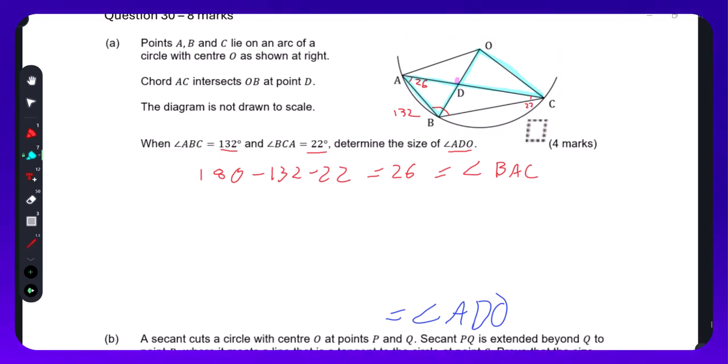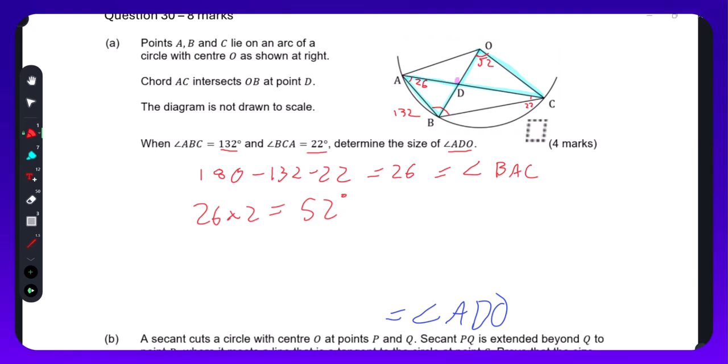So we've got a 26 degree there at BAC. So that means that the one that we have up here at, let's just call it BOC, that one is going to be double that, so it's going to be 52. 26 times 2 is 52.